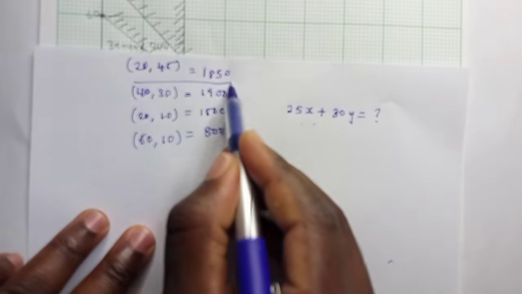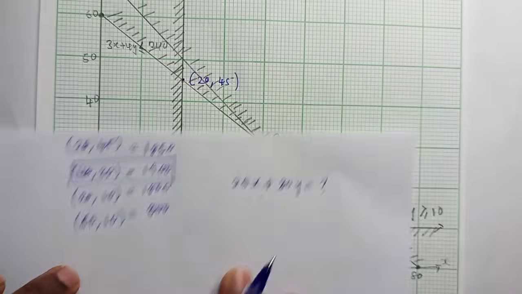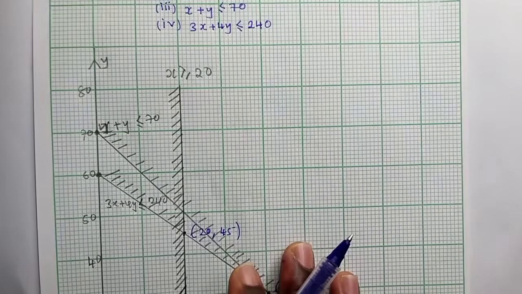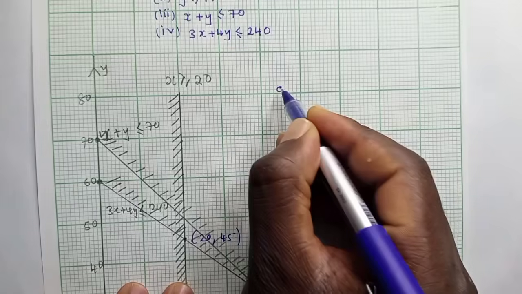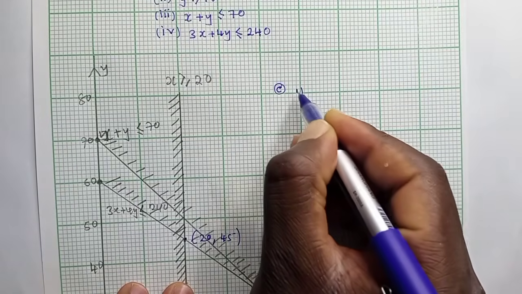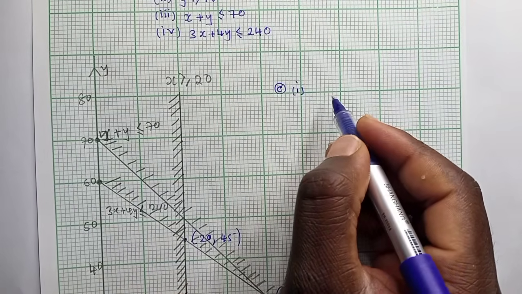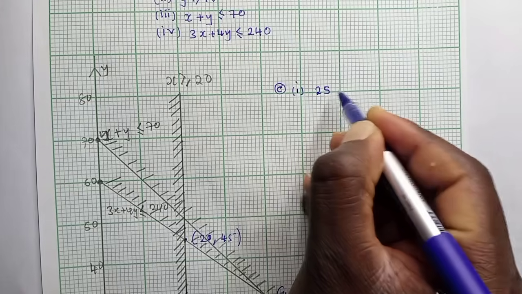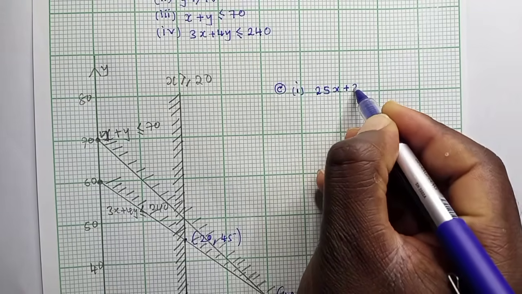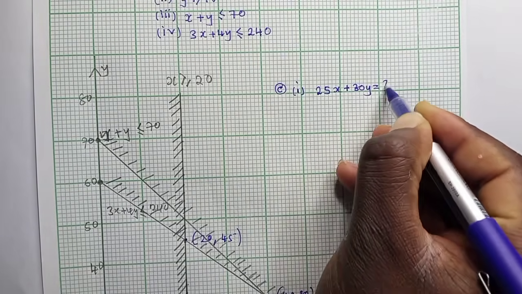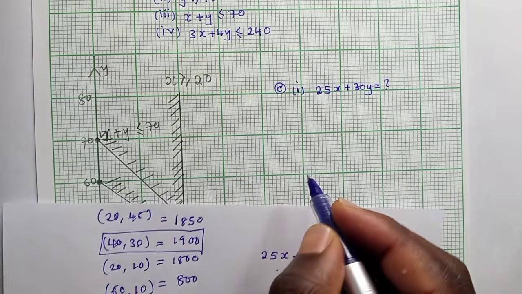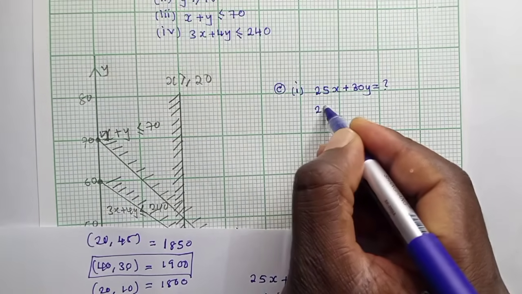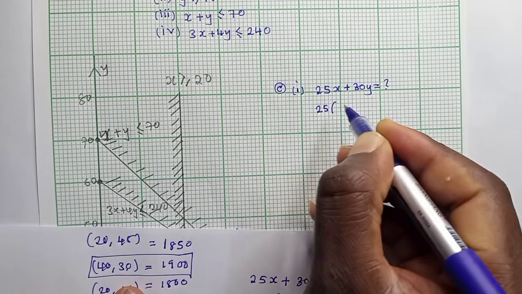It's this one right here. So we're going to say question C1. For C1, we're going to write the objective function. Very important. You just get this one and say 25 open bracket 40.